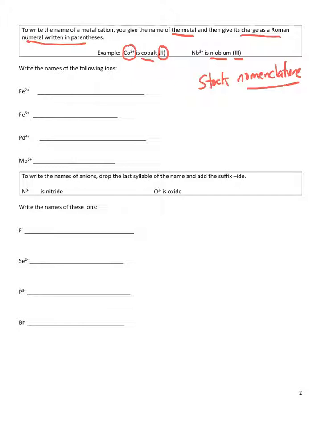So now let's do these examples. Fe is iron. So iron 2+ is going to be iron(II), versus the ion that's iron 3+, which we'll write as iron(III). The 3 is in parentheses, and the 3 is a Roman numeral.